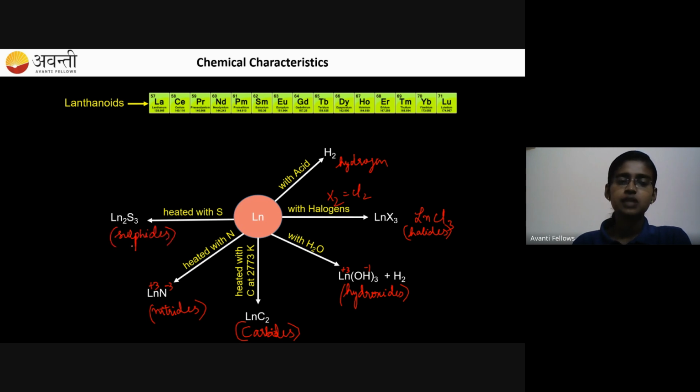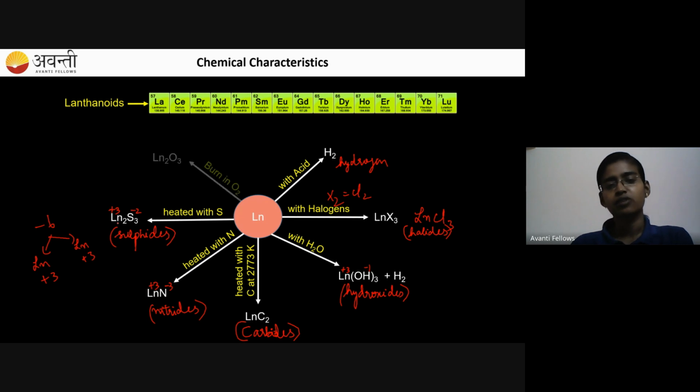Sulfur is an oxygen group member, right? So the charge will be -2 for one sulfur, and for 3 sulfur it is -6. So the -6 charge is given to two lanthanides, so one lanthanide will get +3. So the oxidation state of lanthanide is +3. So it forms sulfides.